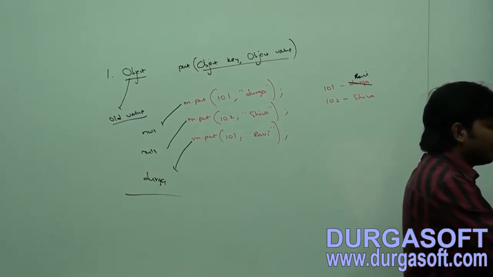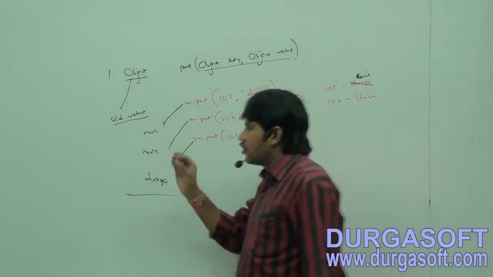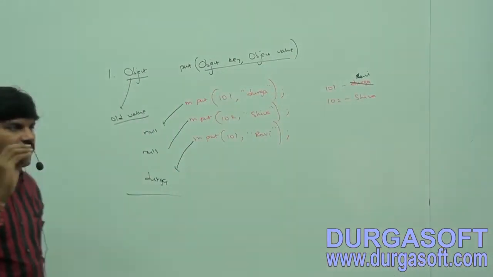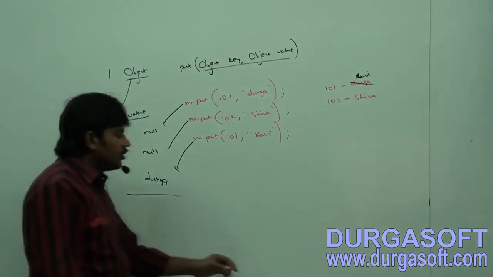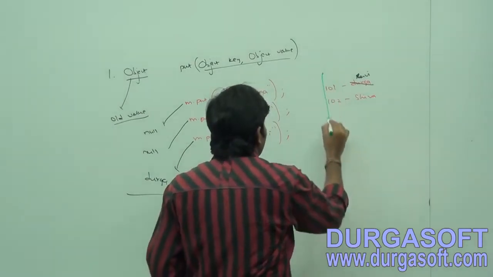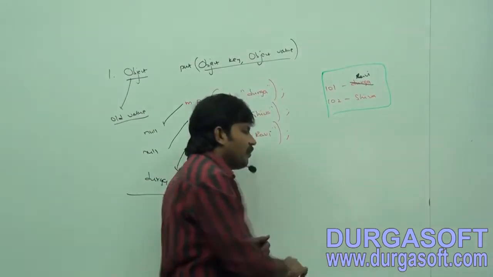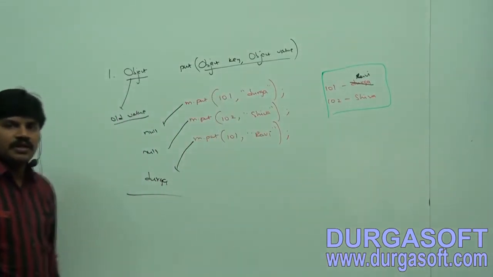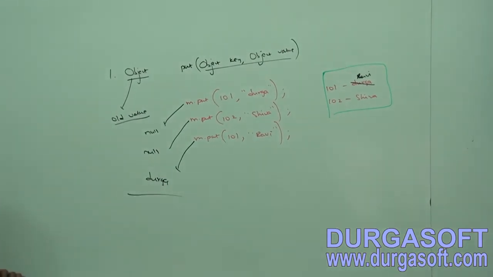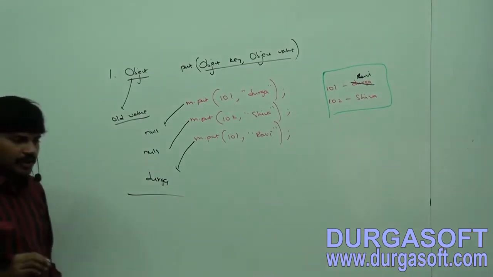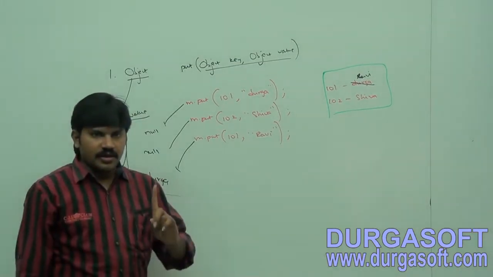Just add the theory: to add one key value pair to the map. Okay, that's all. Are you getting the first point?